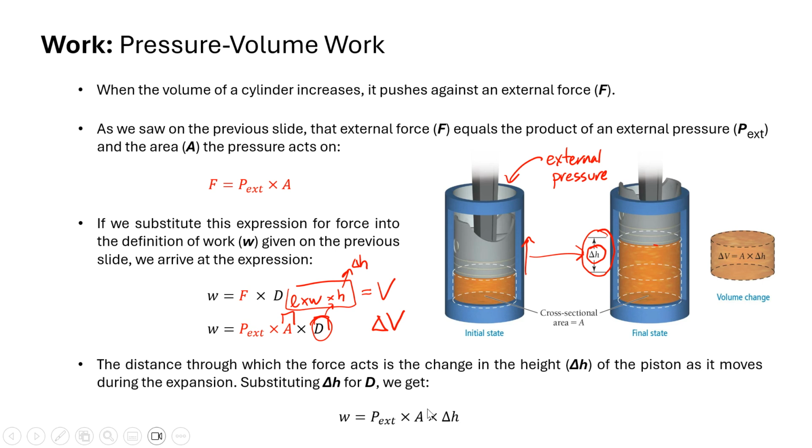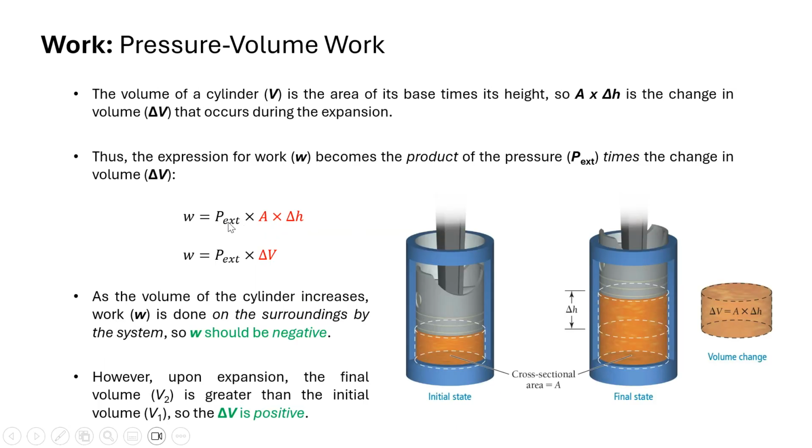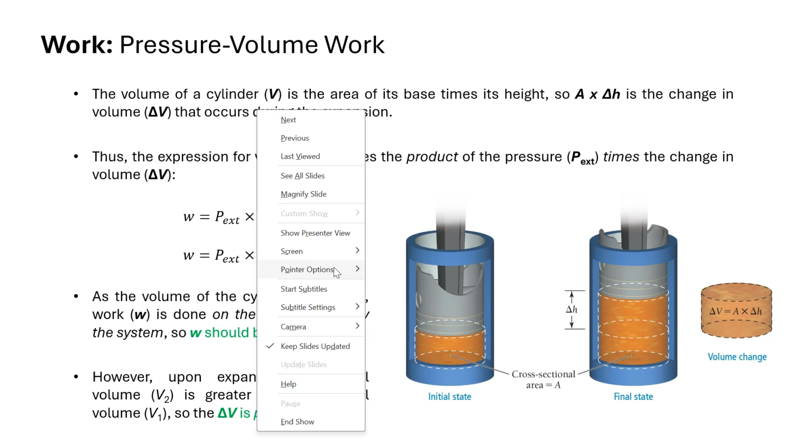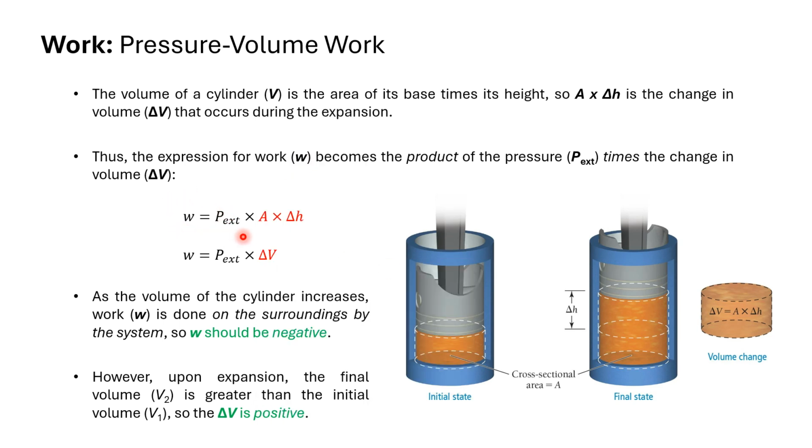And area times change in height is change in volume. So now we can simplify this even more. Notice what I did here. Work is equal to the external pressure times area times change in height, which is the same thing as change in volume. So we have a new work equation.